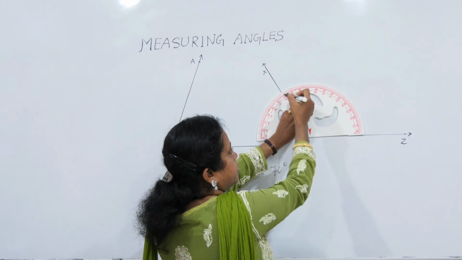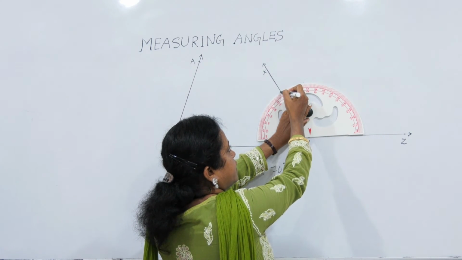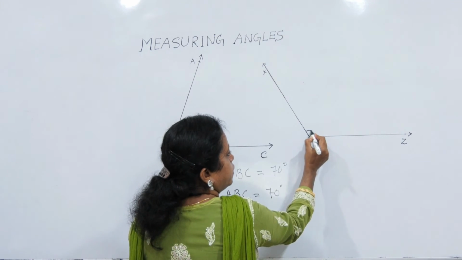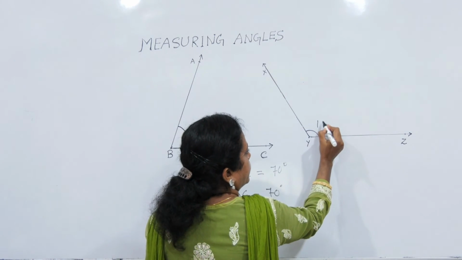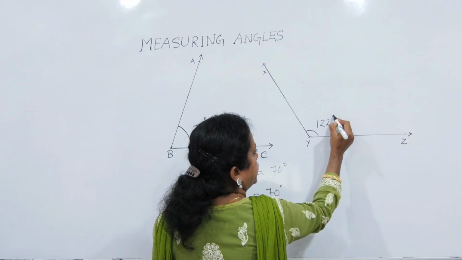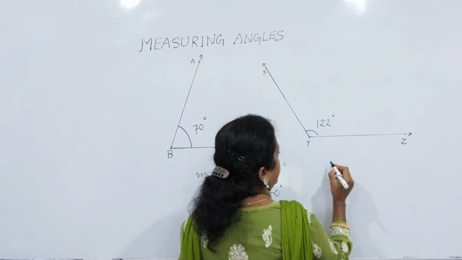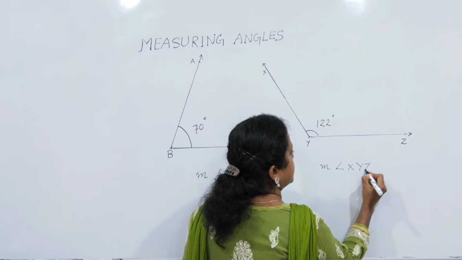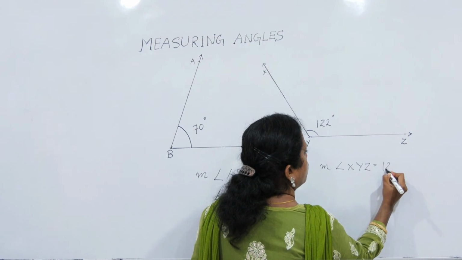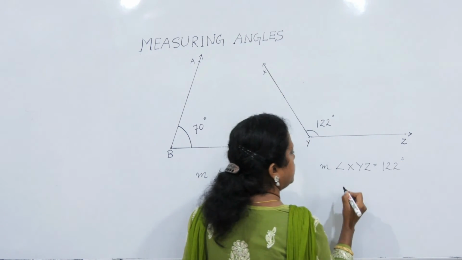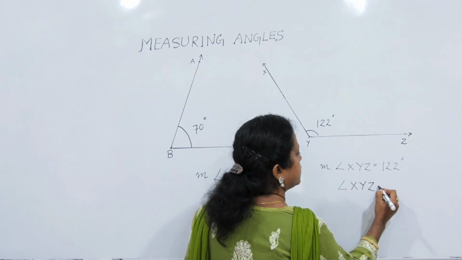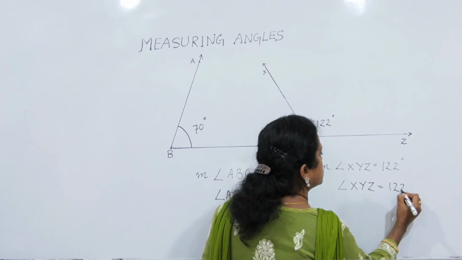From 0, here the marking ends at 122 degrees. So the measure of this angle will be 122 degree. And how will you write? You will write measure of angle XYZ is equal to 122 degree, or you can just write angle XYZ is equal to 122 degree.